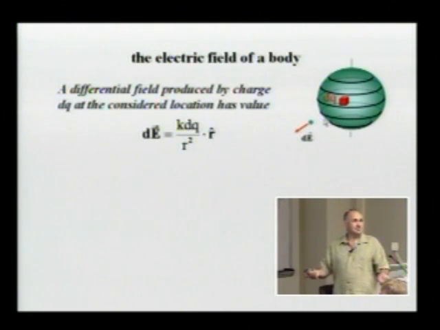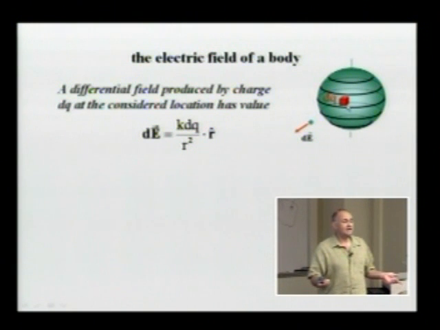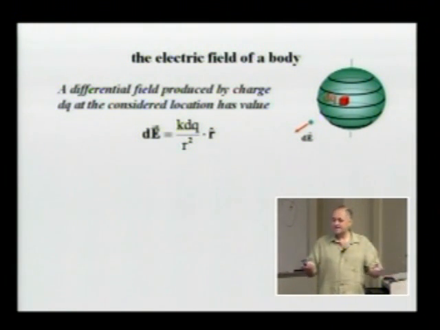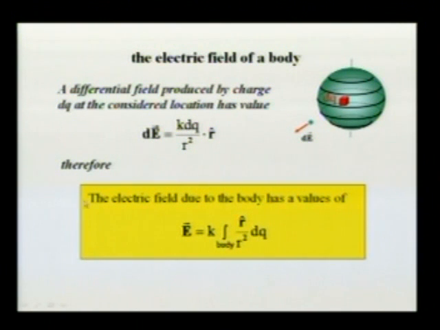All right. So now, in order to find out the electric field produced by the entire body, what do I have to do? Add them up. Correct. And if I'm adding up, I can recognize that we have a constant, so we can take out this constant in front of the integral, and this is what will be left.